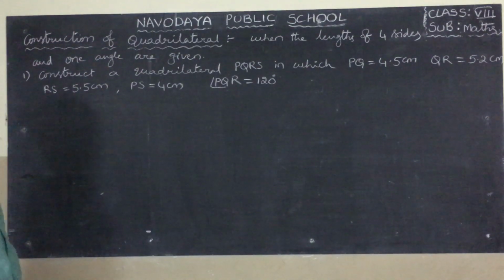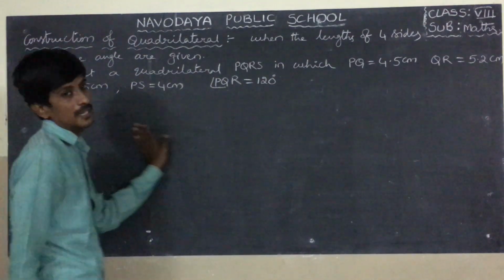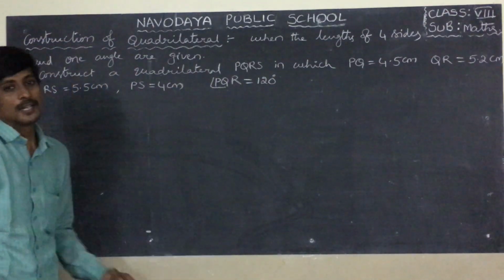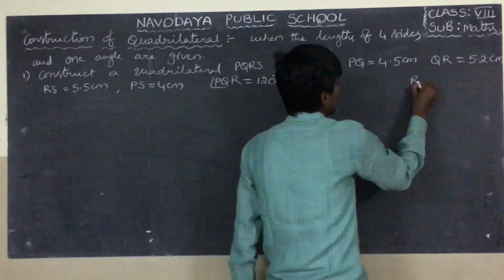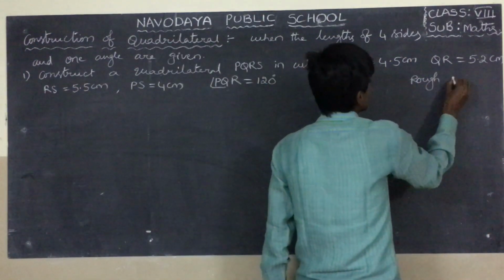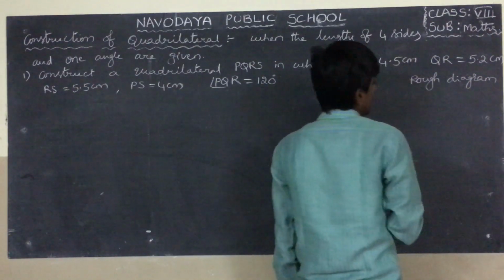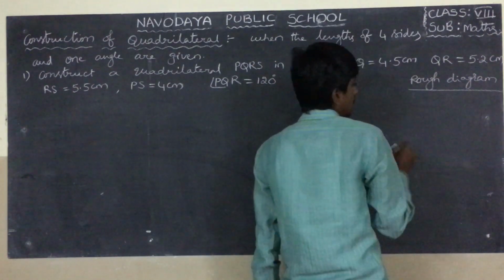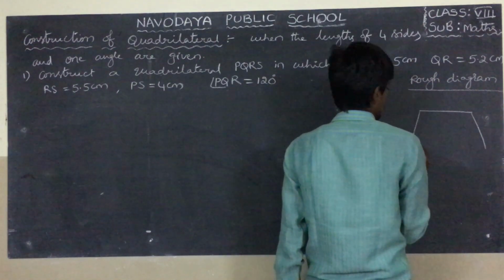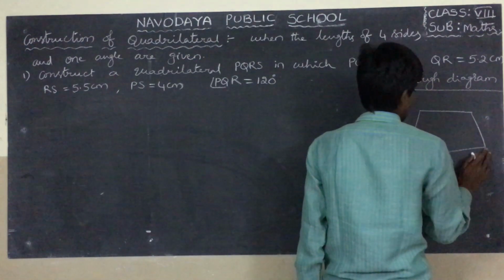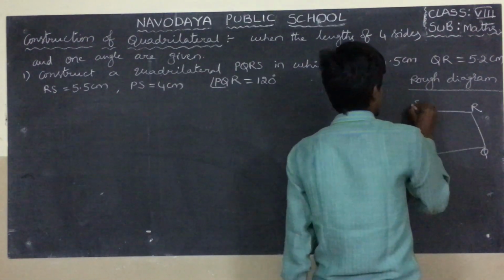Okay. When you construct the quadrilateral, first draw the rough sketch of a quadrilateral. Rough sketch. Rough diagram. Okay, quadrilateral PQRS.